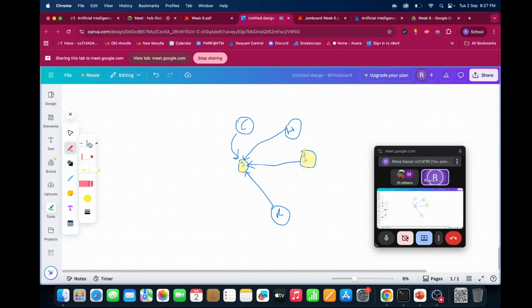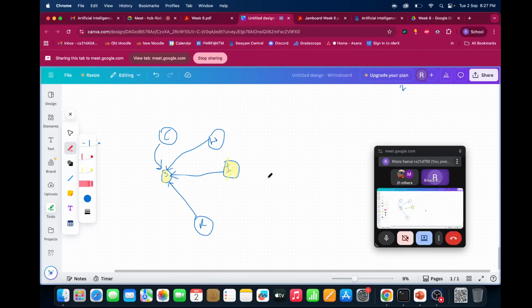What are the neighbors of I? E, L, and O. E, B or D? E for elephant. E and L, okay. And N. E and L are the only two neighbors.